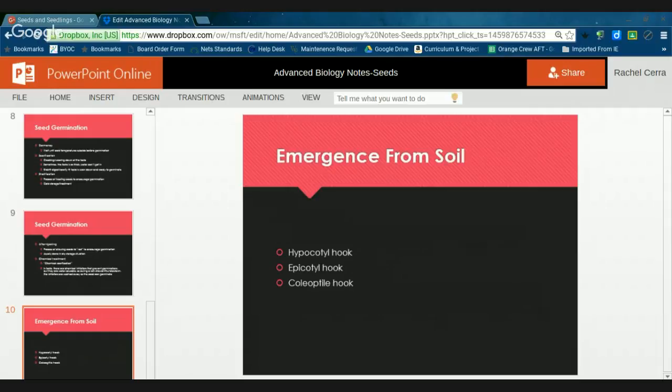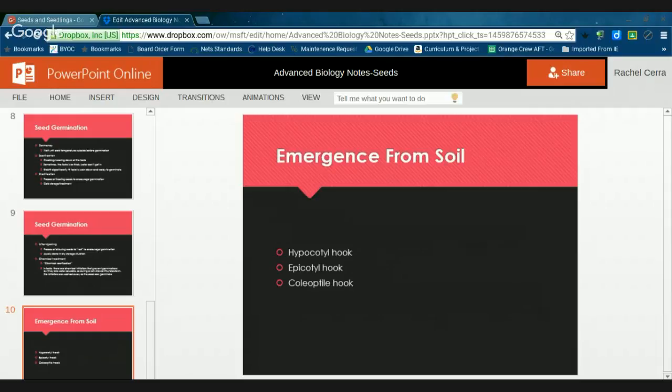So that whole upper part plus some of the part underground is going to make up your epicotyl. The cotyledon itself kind of falls away as this one's developing. And then obviously they just grow taller and create more foliage leaves.